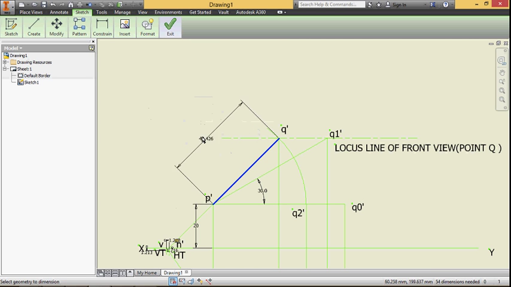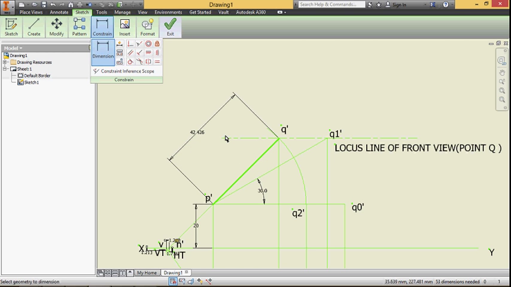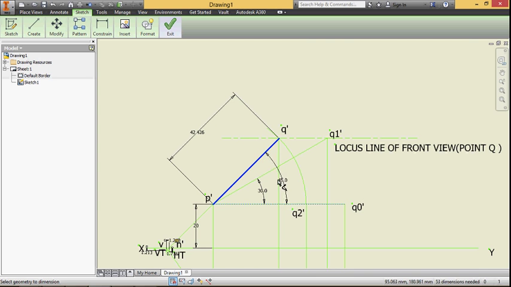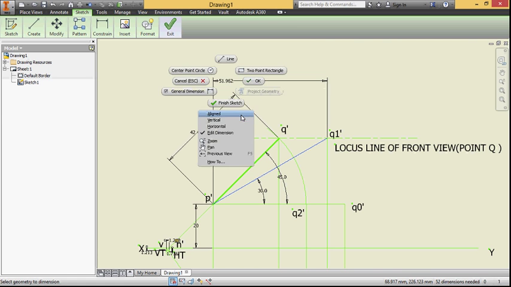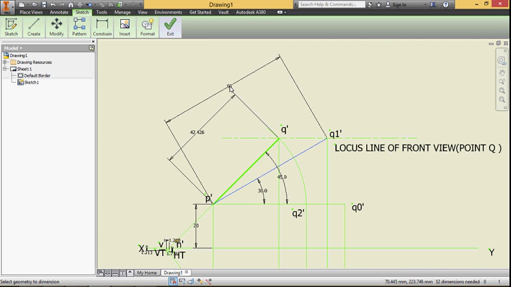The length of the front view is 42.426 millimeter, and the front view makes an angle called alpha. The value of alpha is 45 degree. P dash Q1 dash is the true length, and the length of the true length is 60 millimeter.